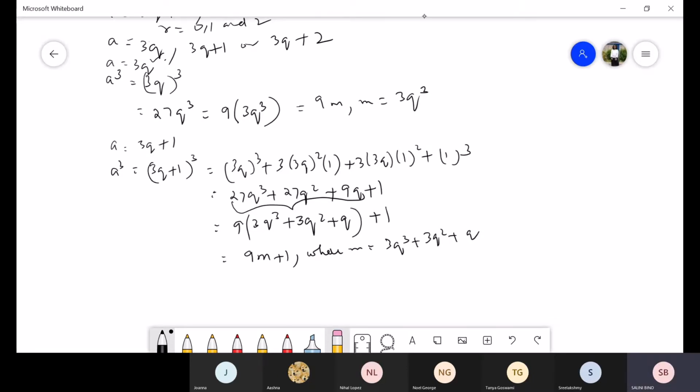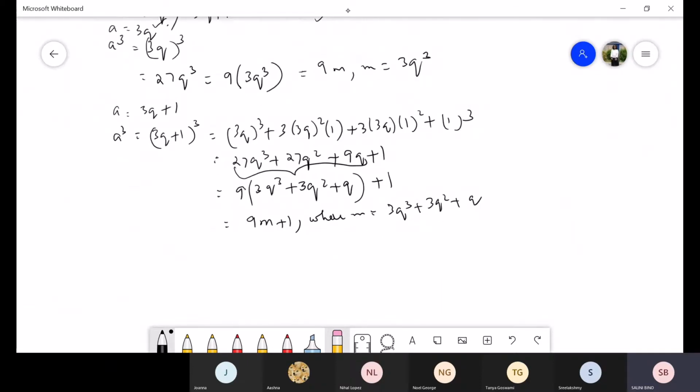Again, we have 3q plus 2 also. I will do that with 3q plus 2 also. I'm taking a equal to 3q plus 2. So a cube will be equal to 3q plus 2 the whole cube.